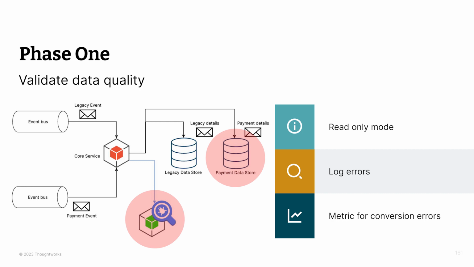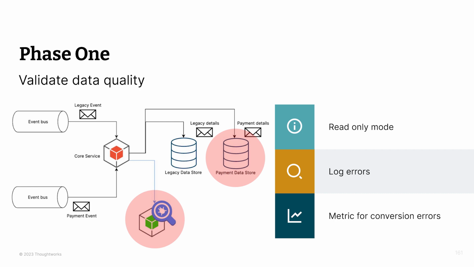So once we were confident with the amount of data we were getting, we would proceed to validate the quality of the data. We wanted to be sure that all the information that we expected was there. And we would use this opportunity to test the converter that I mentioned earlier. So we would introduce a new temporary data store that would store the payment details.